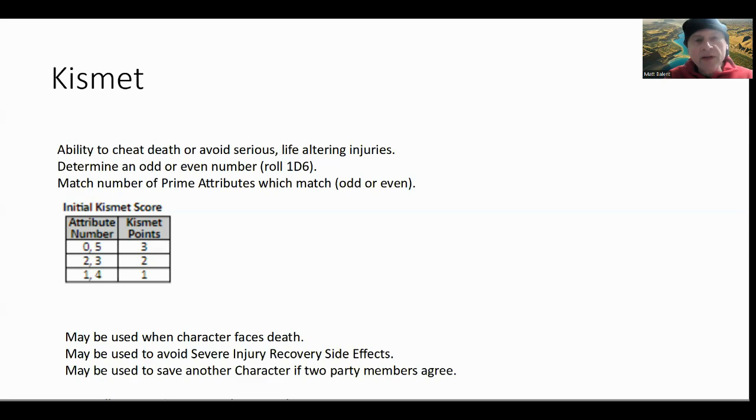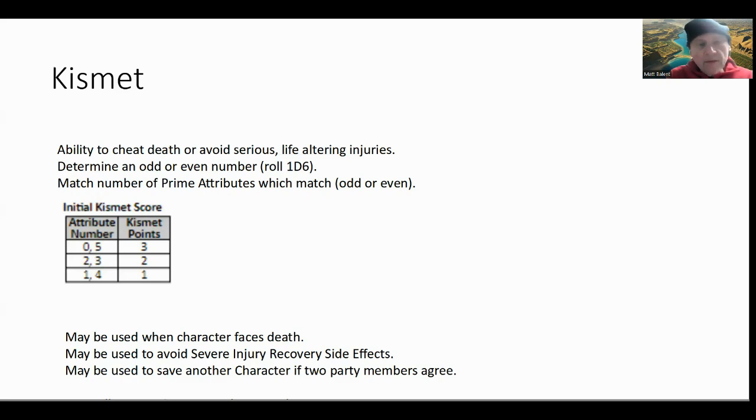Again, going back to the hit point example, if a character takes more than 5 below their hit point level, 5 below 0, they're subject to what's called a severe injury table, which could result in loss of attribute numbers or loss of knowledge, skills, those sorts of things. And Kismet gives players the ability to either ignore death, cheat death, or ignore these potential negative consequences of having been killed.